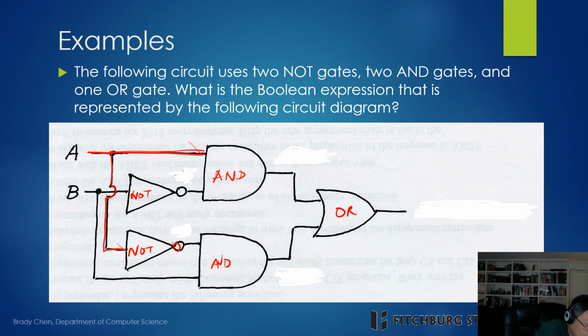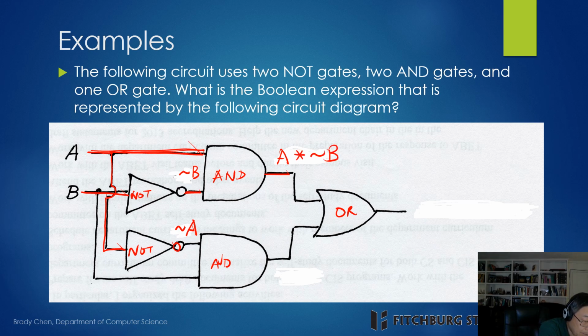So if the input is A, the output should be tilde A, a negation of A. Same thing for the input B, so the output of the NOT gate should be tilde B. Now you can figure out the output for the first AND gate, because one input for the AND gate is A, the other input is tilde B. So we have A and tilde B.